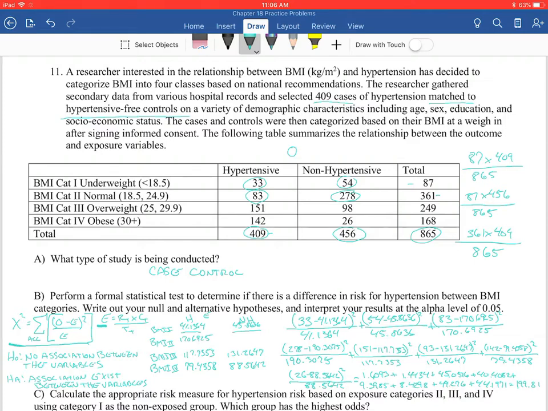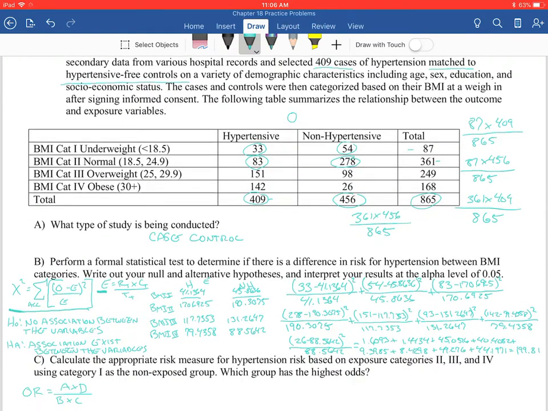Same thing for column 2, row 2: 361 times 456 divided by 865 gives 190.3075. And this now is your table of expected values.